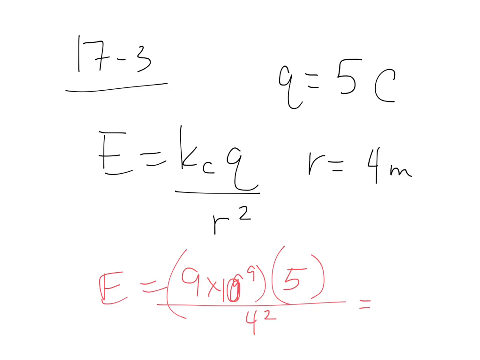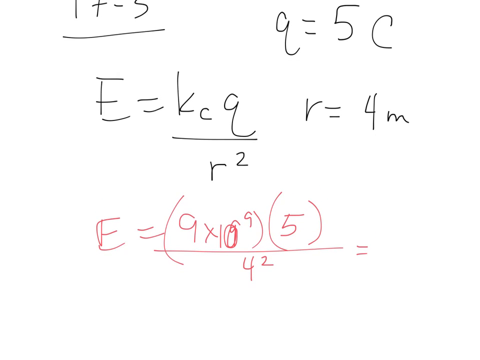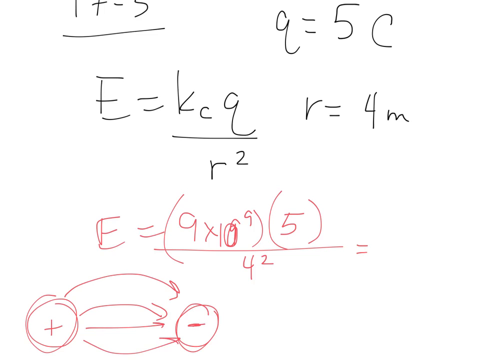Now, remember though, if you have more than one source, we did this example in class, if you have more than one source, you have to use superposition to add them together. So if you have a positive source here and a negative source here, everything wants to move away from the positive source and toward the negative.